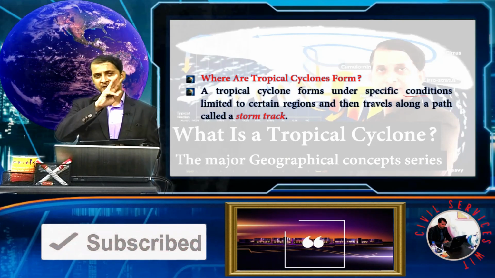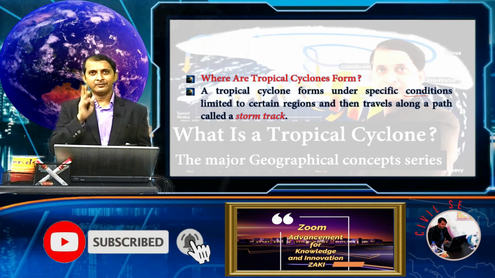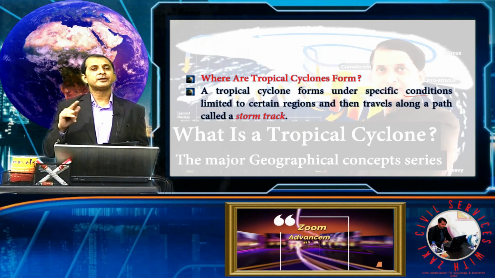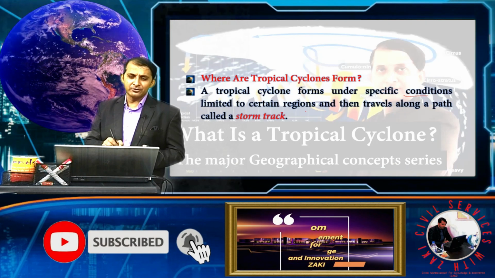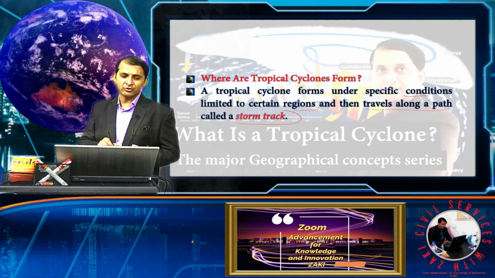As you know, three basic conditions: large still warm water, a large area of humidity over the ocean surface, and third one is Coriolis. So certain conditions limit it to a certain region, and then it travels along the path of the storm track.